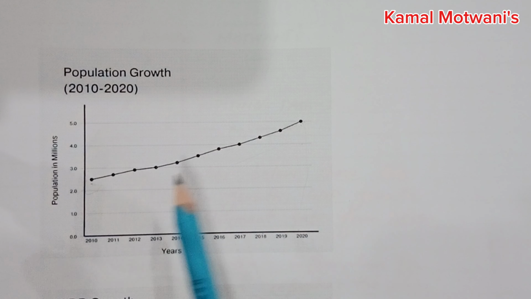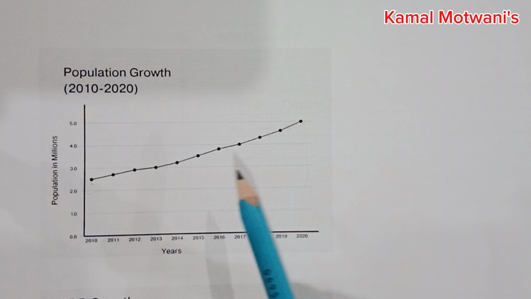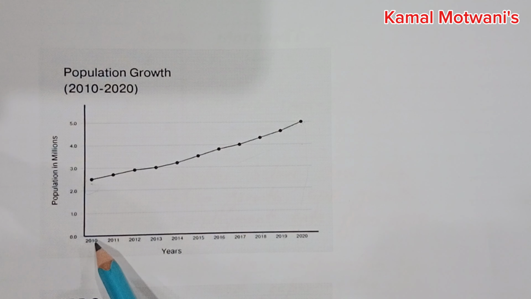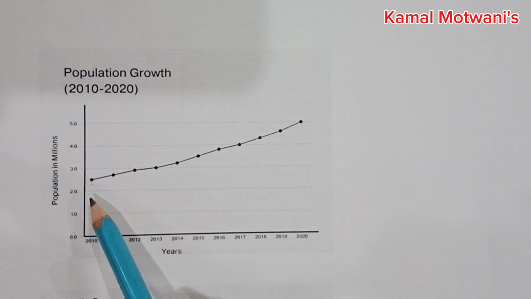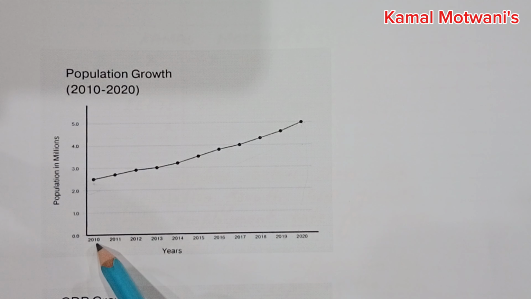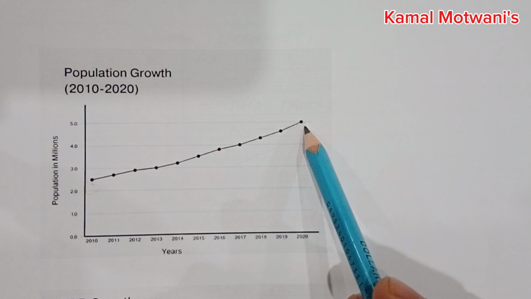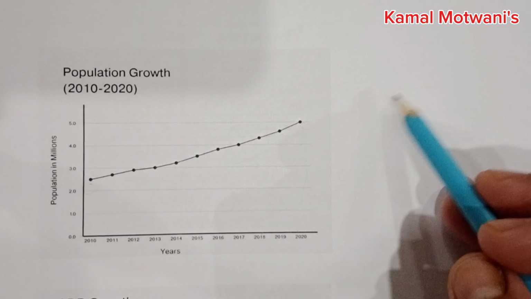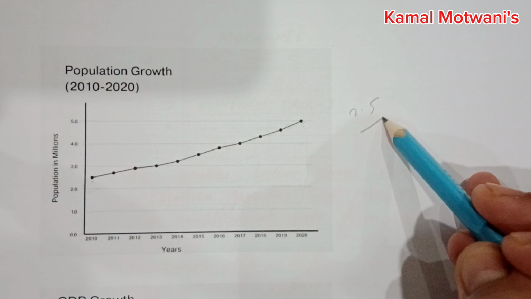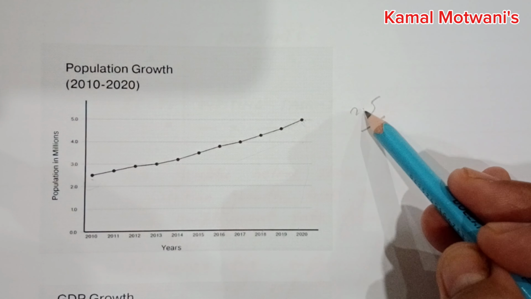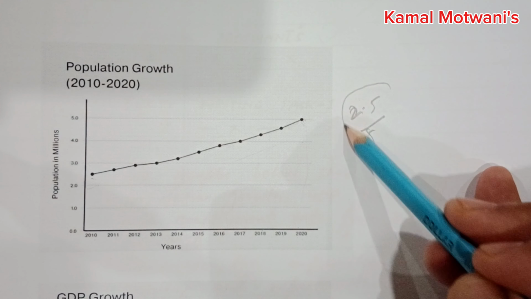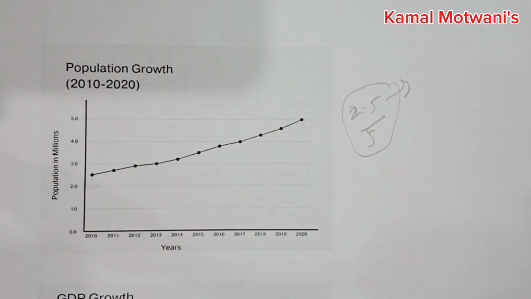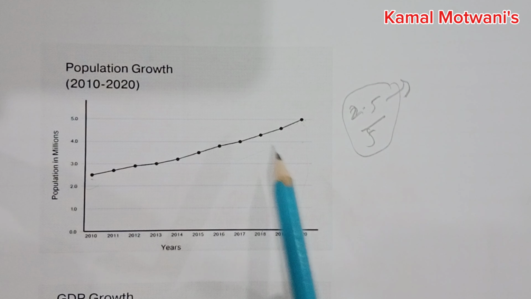It shows that the population from 2010 to 2020 has doubled. You can see the double of 2.5 is 5. So population growth has doubled over a decade. That we can conclude from this graph.